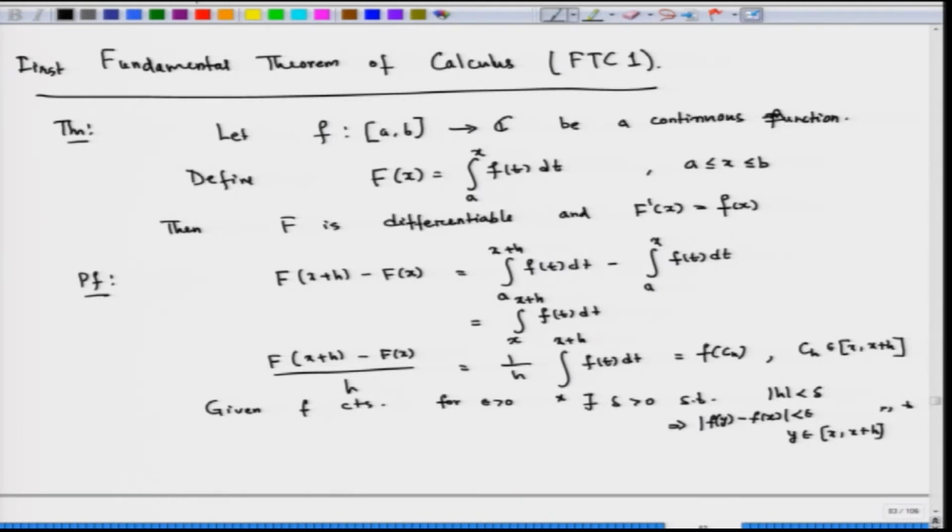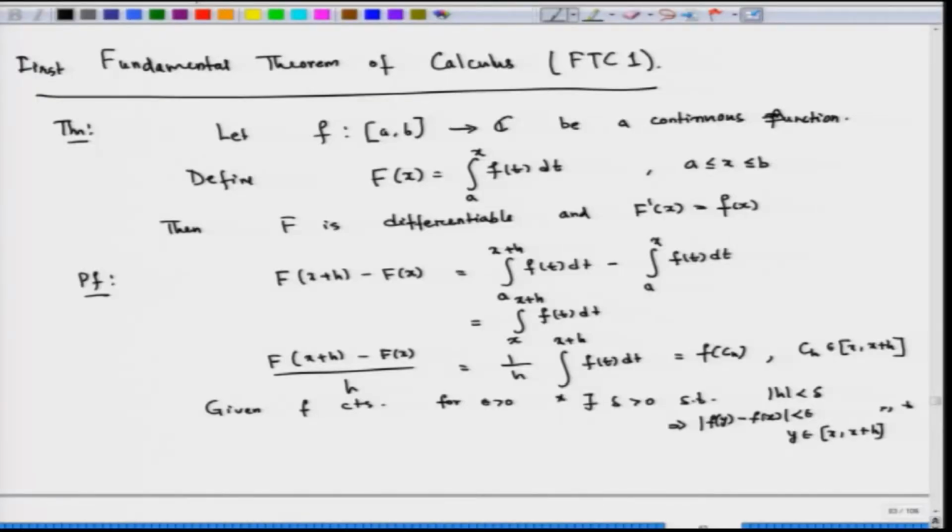Okay, we can find small h such that for all y in this interval, mod of f of y minus f of x is less than epsilon. So, our c_h is lying between x and x plus h.